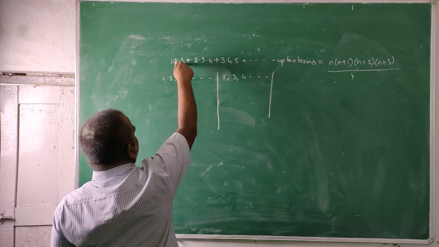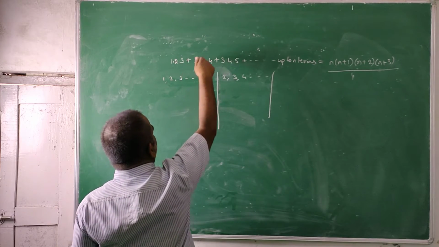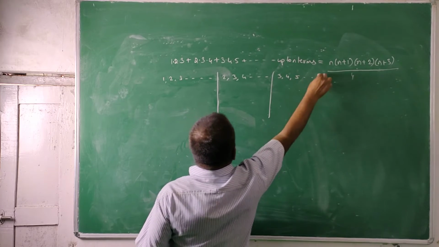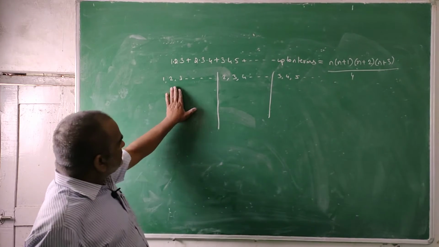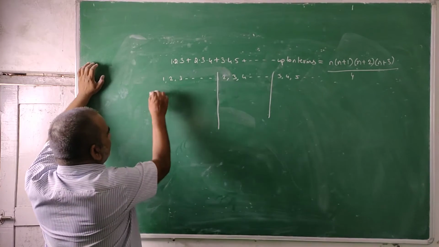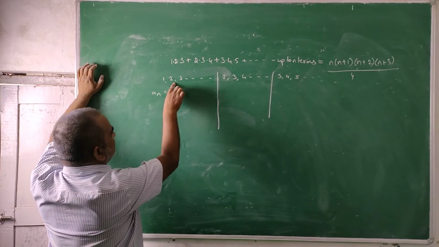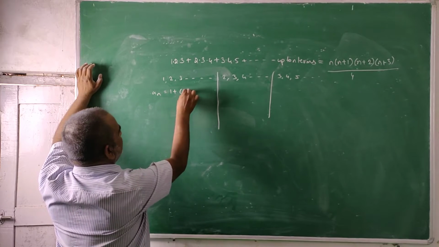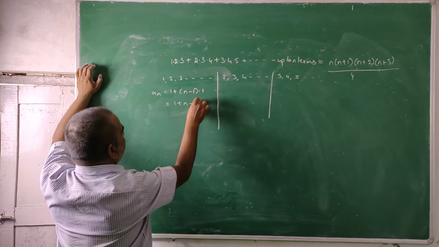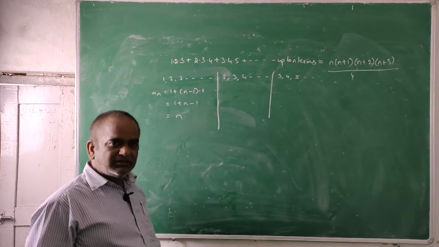The last factors are 3, 4, 5 and so on. So all these are in arithmetic progressions. For the first, a plus n minus 1 into d, with d is 1: 1 plus n minus 1, which is n.